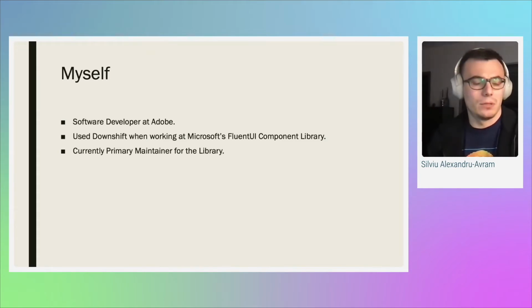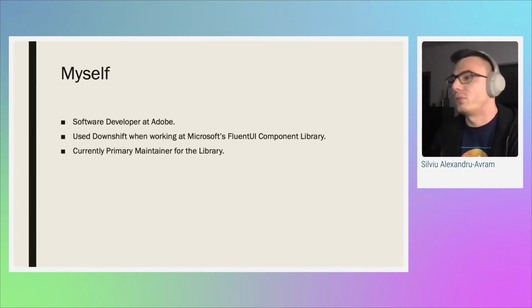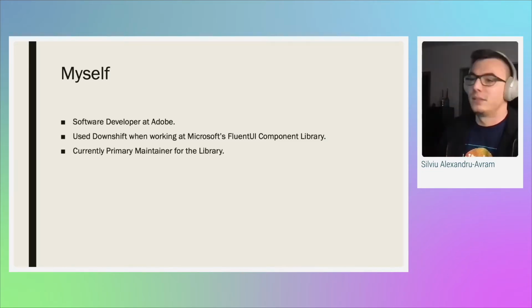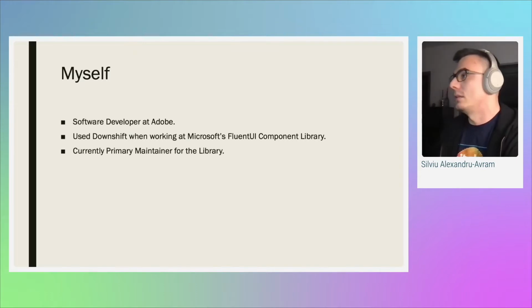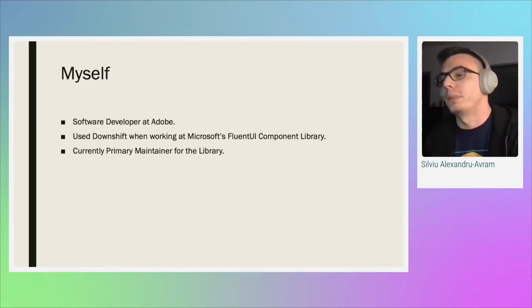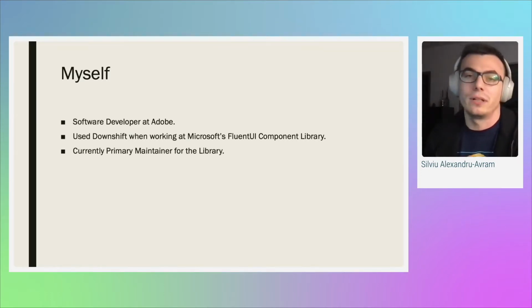And that people picker was actually more or less a multiple selection combo box. So we went ahead and used Downshift for that. And we customized it a little bit to fit our needs. And afterwards, we contributed back to Downshift with a few improvements. And finally, I became the primary maintainer for the library.